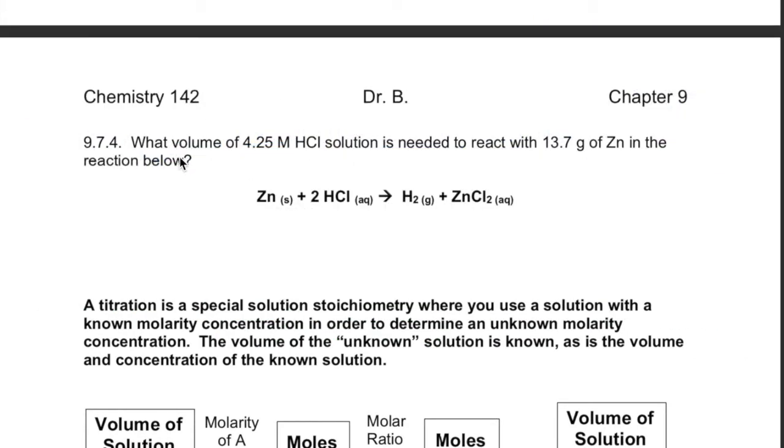So here is another problem that combines a volume of a solution of known concentration and a mass of solid, because this particular reaction we are starting with solid zinc, and we want to make sure we have enough hydrochloric acid in our hydrochloric acid solution to completely react with that.